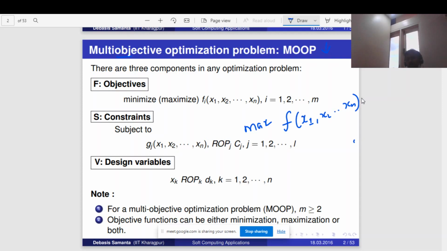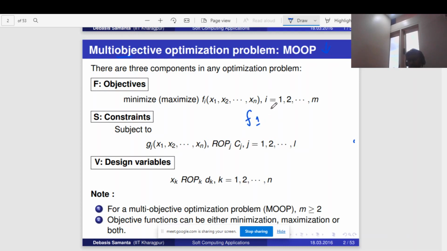If you are able to do that successfully, then this problem is solved. But in a multi-objective optimization problem, we will have more than one objective function.